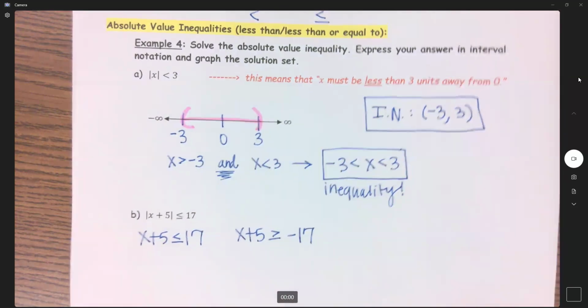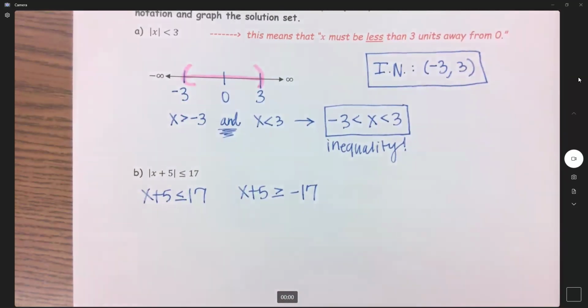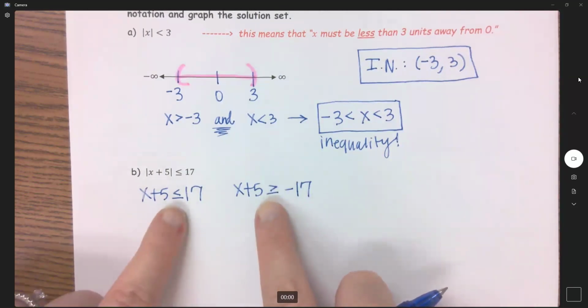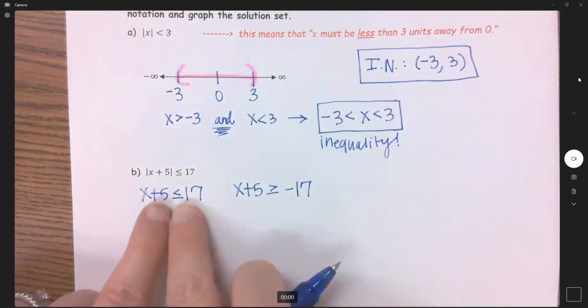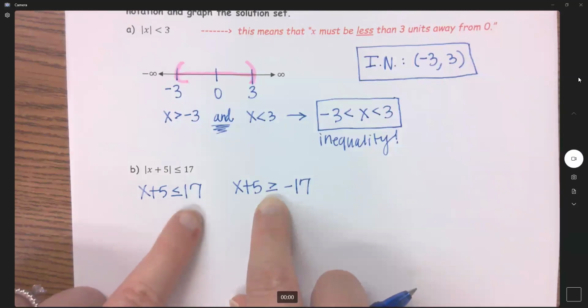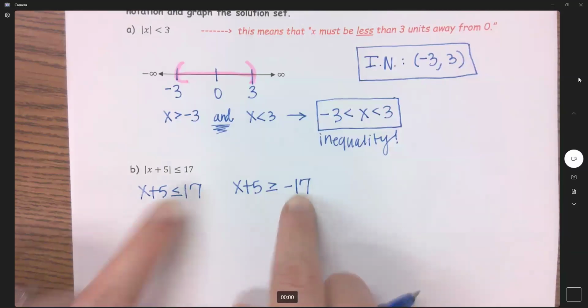So you're still building your 2 equations the way we did with absolute values. But because these aren't equals, you have to flip this symbol. So the first one looks exactly like this without the absolute value. The second one, you have your symbol flipped. Instead of it being positive, now it's negative. So let's solve.